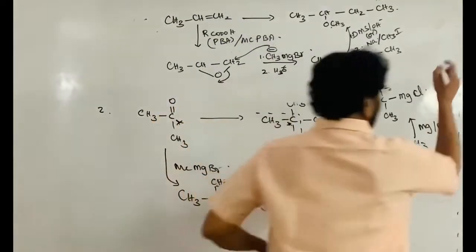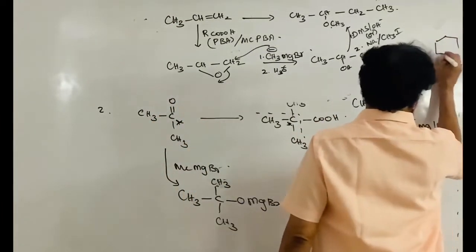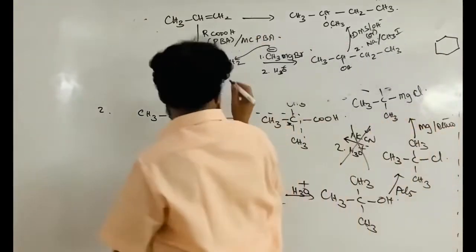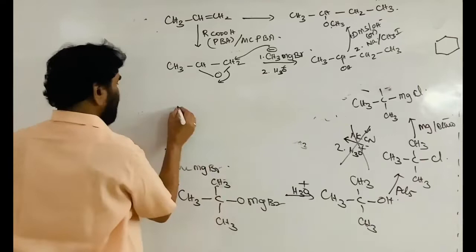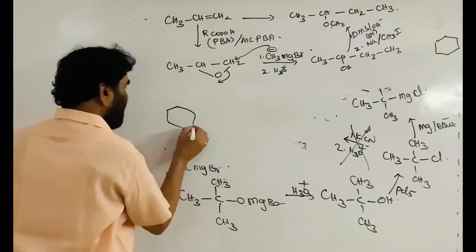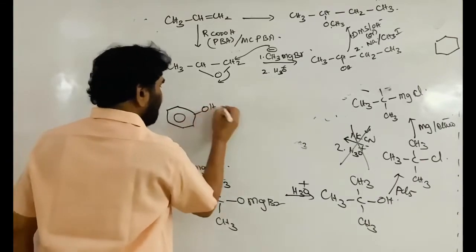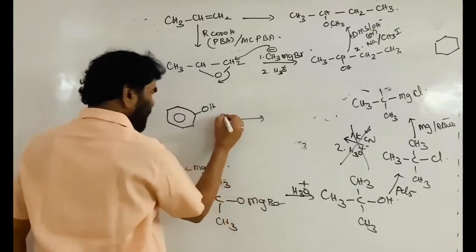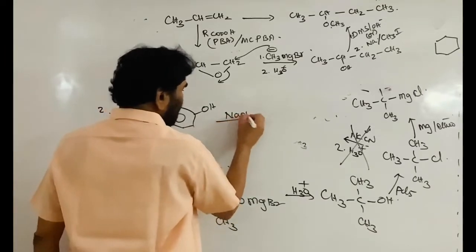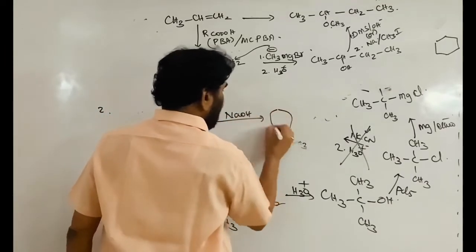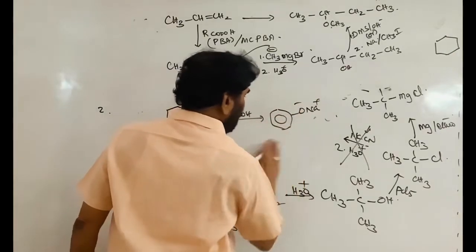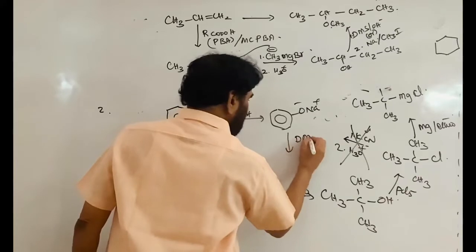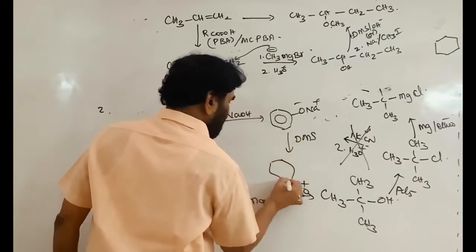So you see, this is the phenol. See, phenolic OH is a little acidic. This is treated with sodium hydroxide. This is converted into sodium phenoxide. This is treated with DMS, and anisole is formed.